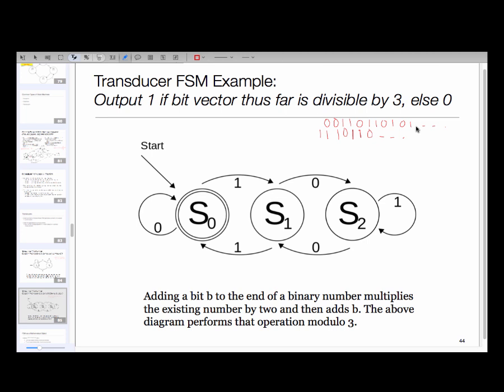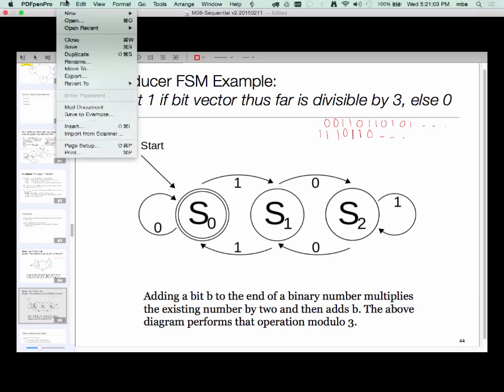Okay, I'll give you an example of a kind of problem which cannot be solved by a finite state machine. So you've all seen arithmetic expressions, right?